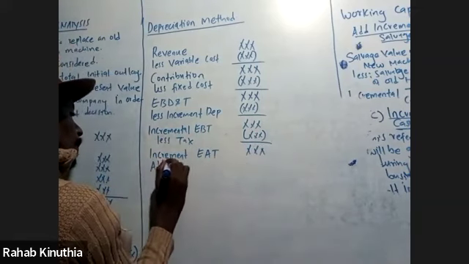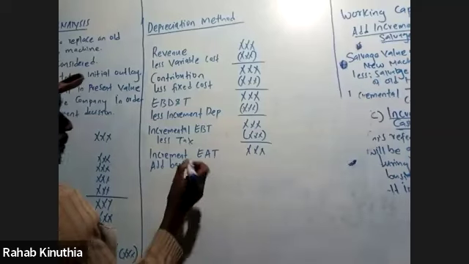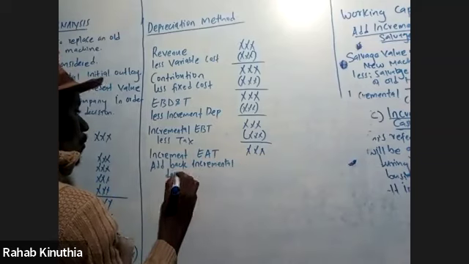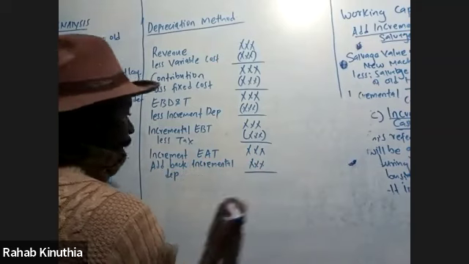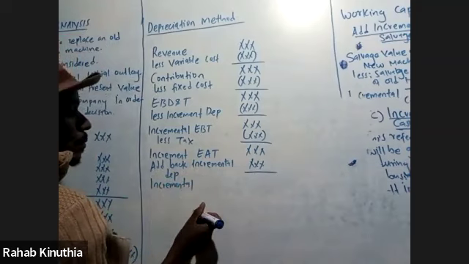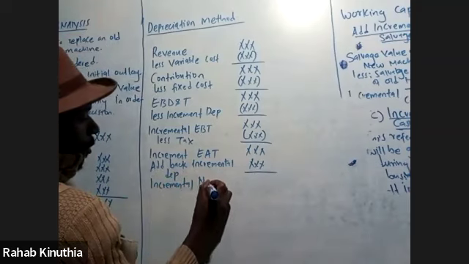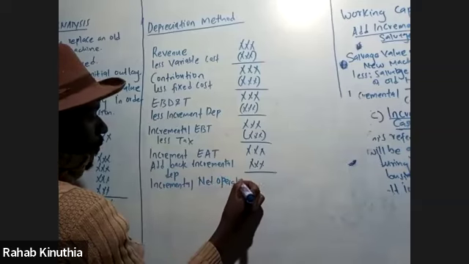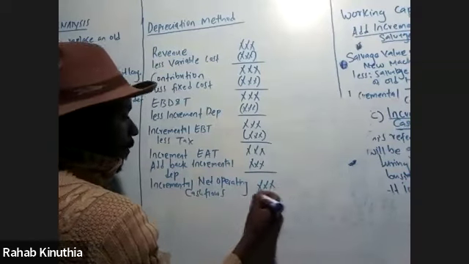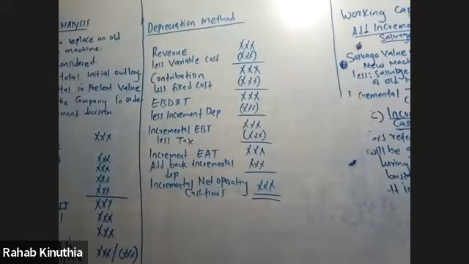Then we add back incremental depreciation, and we shall get incremental net operating cash flows. So that is the depreciation method.